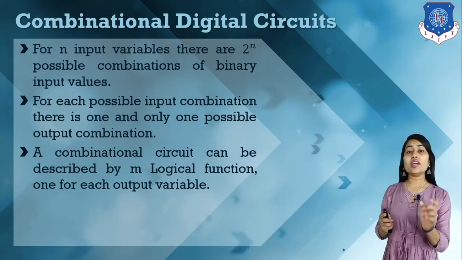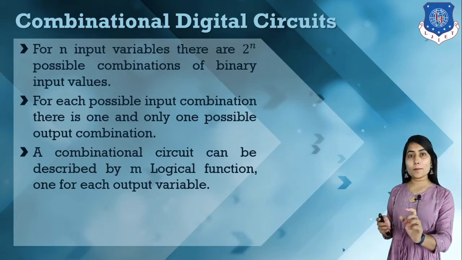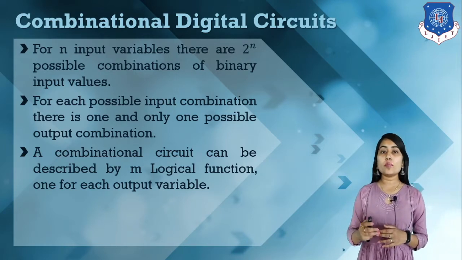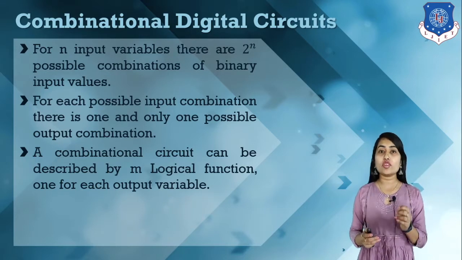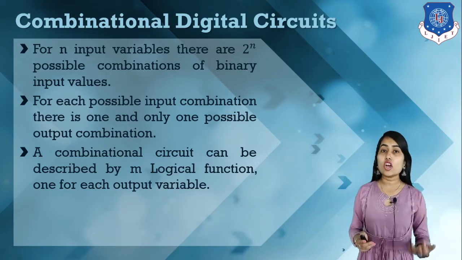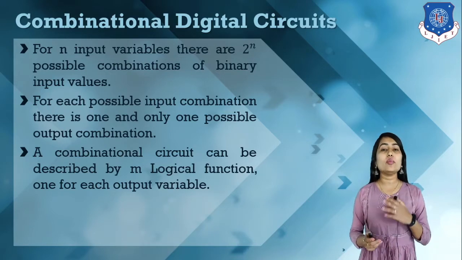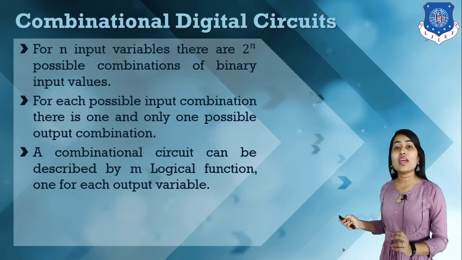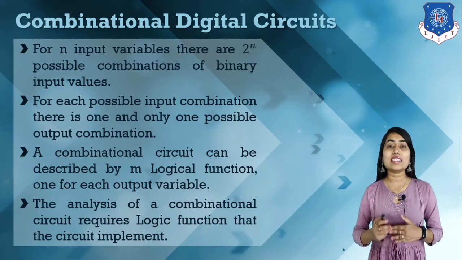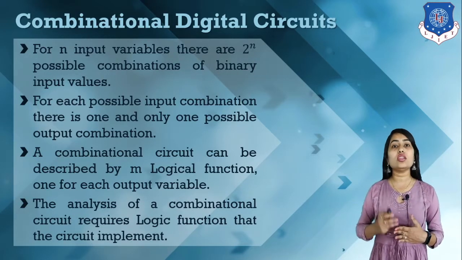For each and every output we can write output equations, or logical functions, for any combinational digital circuit. So the analysis of a given combinational digital circuit can be done using logical functions.